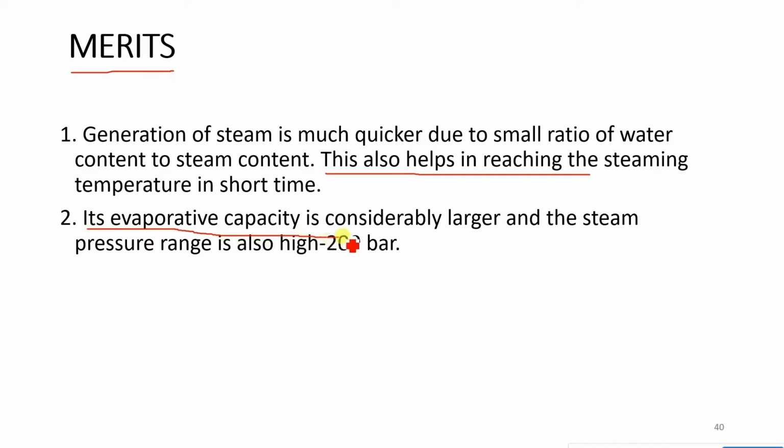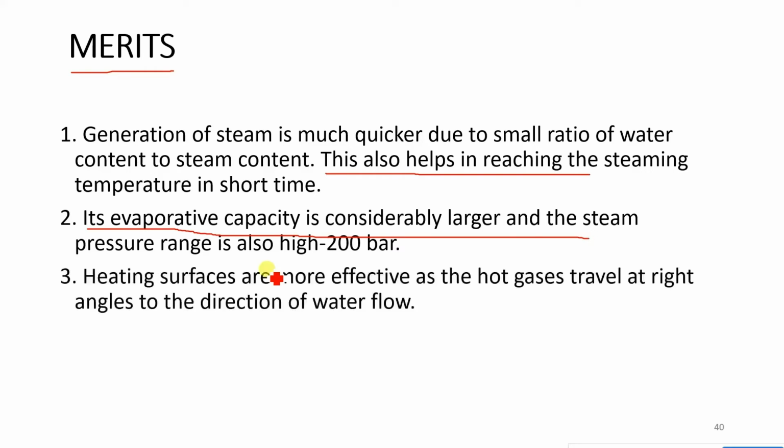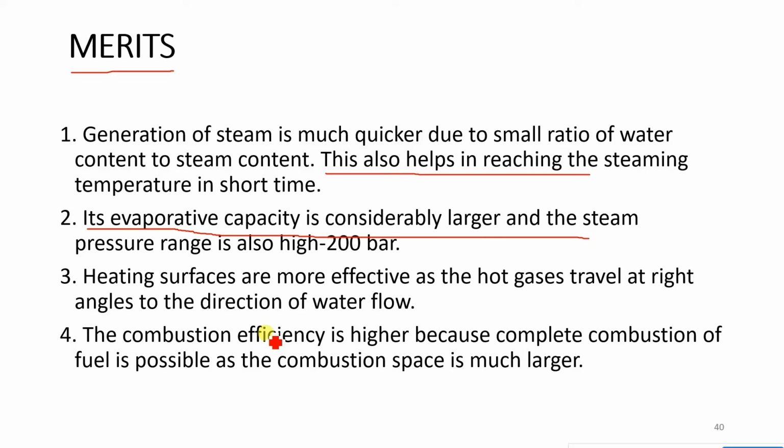Its evaporative capacity is considerably larger and the steam pressure range is also high, up to 200 bar. Heating surfaces are more effective as the hot gases travel at a right angle to the direction of water. Means flue gases move perpendicular to the direction of water tubes.